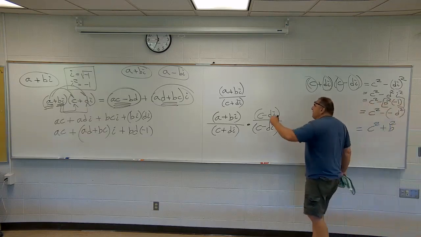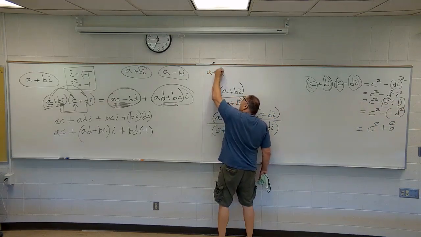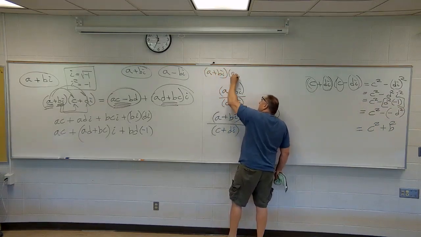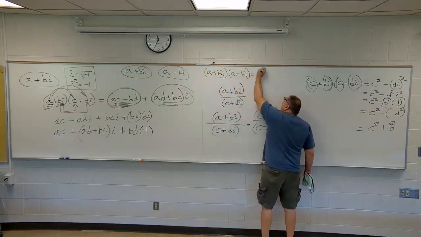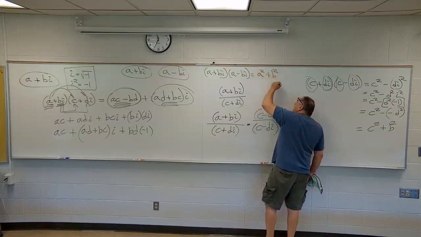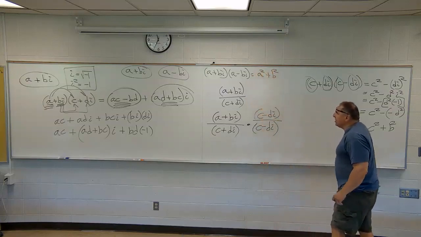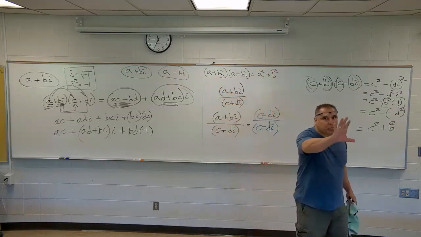Interesting. If you actually did it up here, if you actually took a plus bi and multiplied by its complex conjugate, you'd get a squared plus b squared. And that's actually the magnitude of the complex number squared.